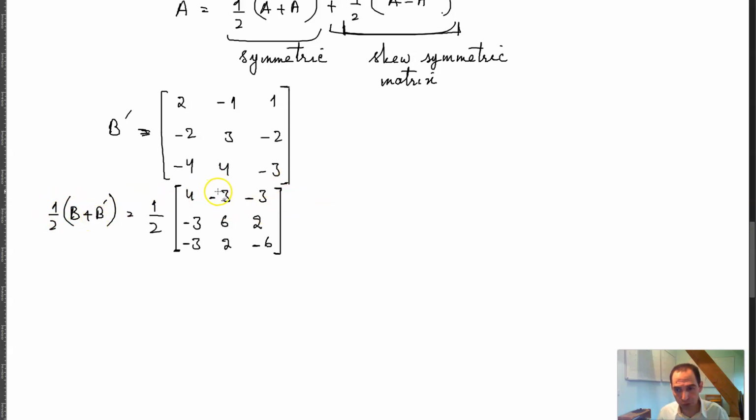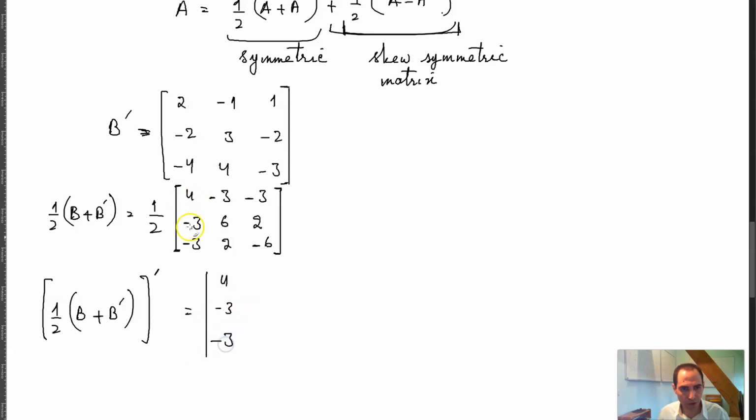Now this is supposed to be a symmetric matrix. A symmetric matrix means that if you have some matrix A, then A prime is equal to A. If that's the case, then you can say that the matrix is symmetric.